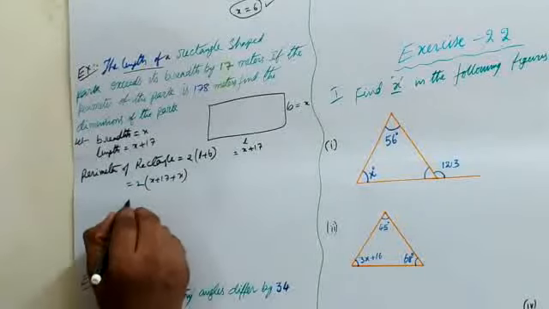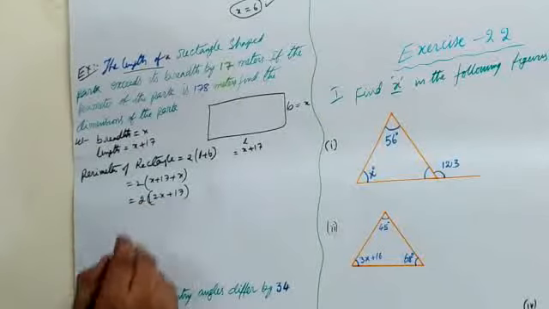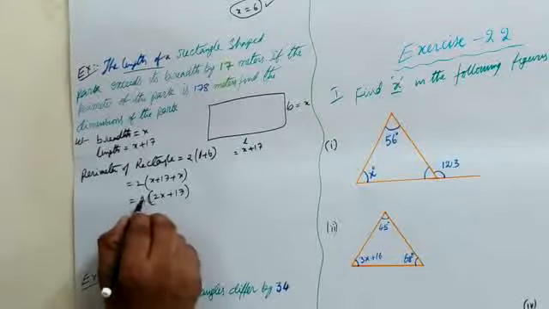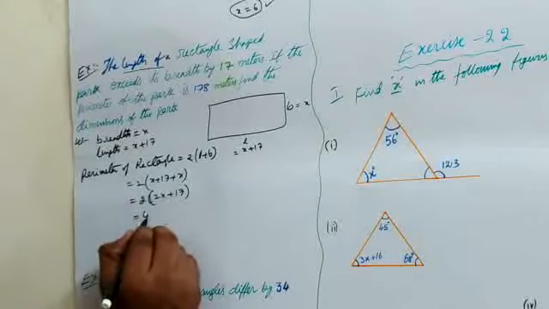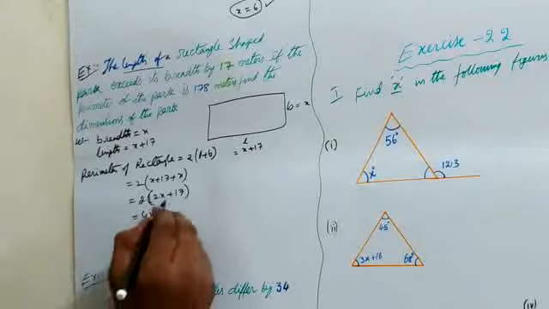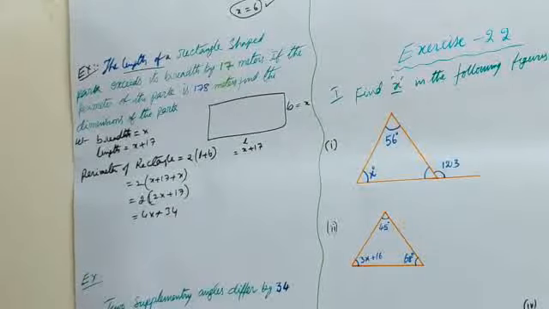Therefore, 2 into (x plus x plus 17), which is 2 into (2x plus 17). Removing the bracket, 2 into 2x is 4x plus 2 into 17 is 34.